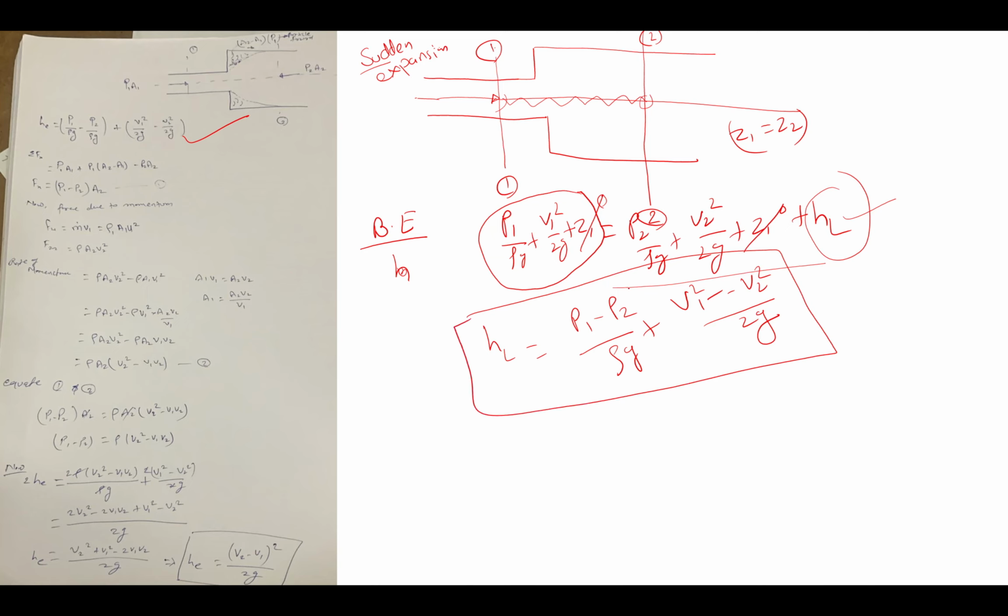But now what is the value of P1 minus P2? P1 minus P2 is nothing but the pressures at point 1 and point 2. Here the pressure force is P1A1, and the pressure is compressive in nature, so here it is compressive P2A2. Apply Newton's second law, that is the rate of change of momentum. Your momentum will be m dot v.